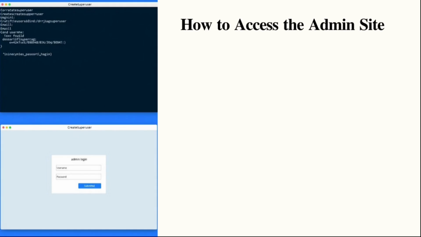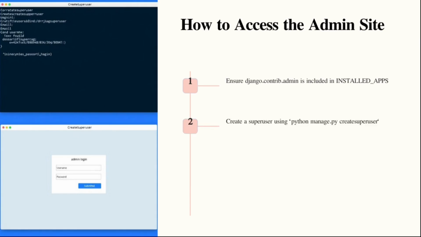Enabling Django admin is a straightforward process. Here is how you can set it up. First, ensure that django.contrib.admin is included in the installed apps section of your settings.py file. By default, Django includes this configuration when you create a new project. Next, you need to create a superuser account to access the admin site.